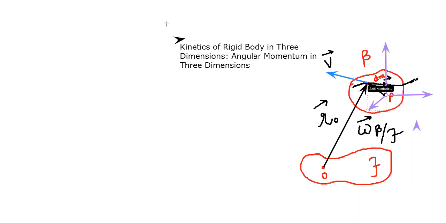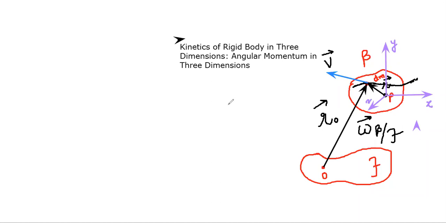We are assuming that our coordinate system is itself lying in the rigid body, with its origin at point P.